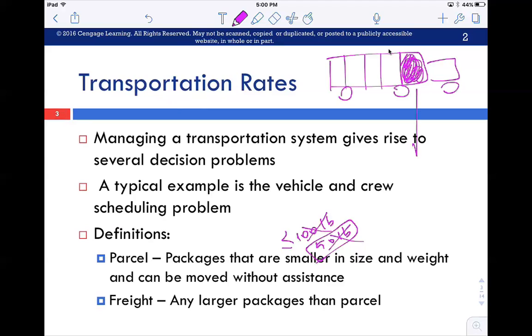And therefore this is called less than truckload transportation, because your shipment is occupying less than the full truckload. And therefore this truck has to make several stops to deliver each of these different portions of the freight that it is carrying. So that's called less than truckload transportation service.